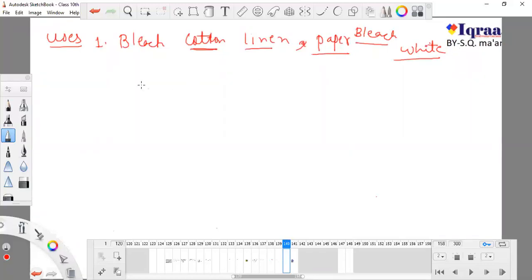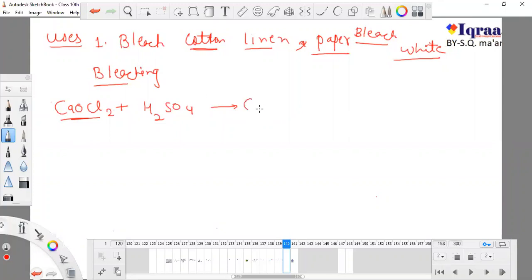So what is the reaction? First of all, I'm telling you the process of bleaching. Take this bleaching powder and H2SO4. It will form two salts, CaSO4.